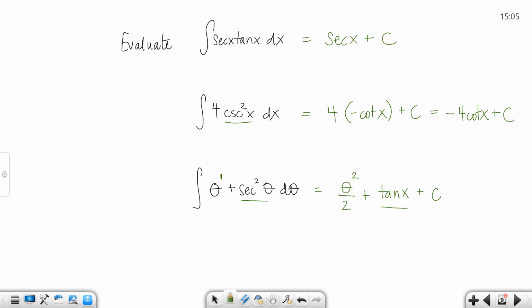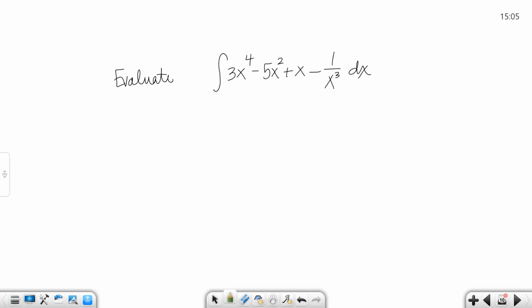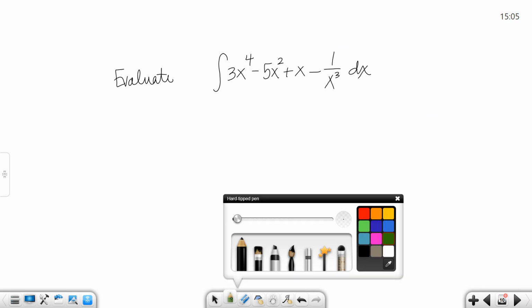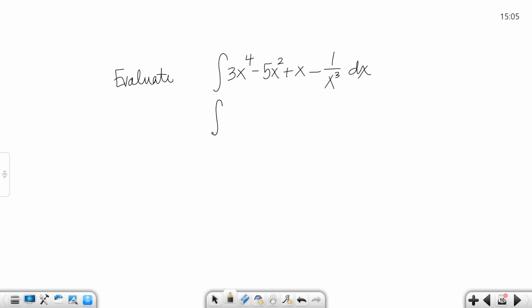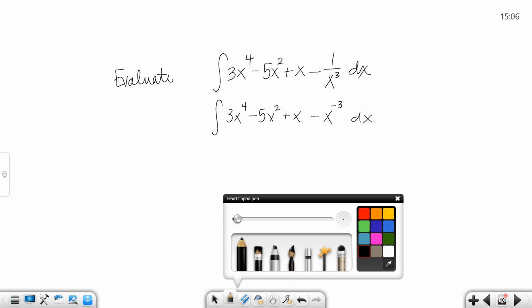So we only have a couple left. Let's finish those up. Here we have this one. What you'll notice about it is you have one of the terms in the denominator, so we need to fix that. Now, in order to fix it and make it in a usable form, you're going to bring that 3 to the top, and then the sign changes.